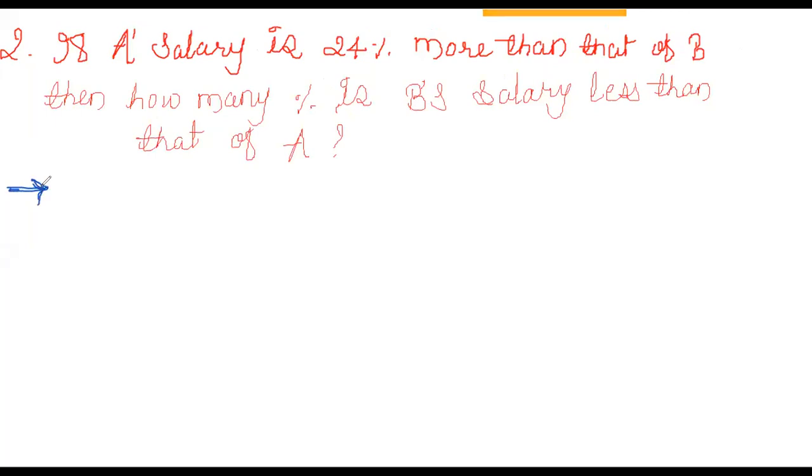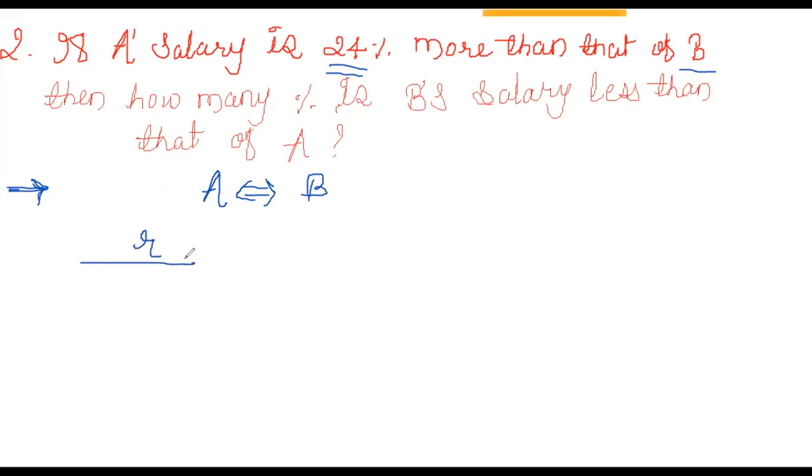So A's salary is 24% more than that of B. We are comparing the salaries of A and B. Then how many percent is B's salary less than that of A? Which formula are we going to use here?